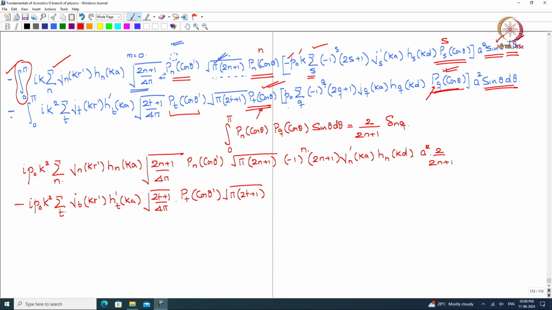So they have to be the same. So this summation also goes away because the t summation is adequate, minus 1 to the power t, (2t plus 1), jt of ka, ht of kd, then a square and 2 by (2t plus 1).